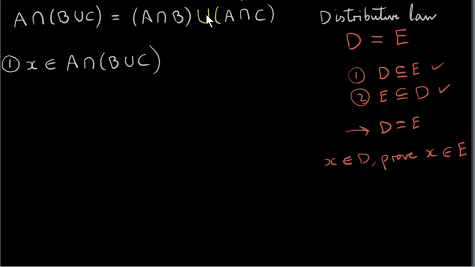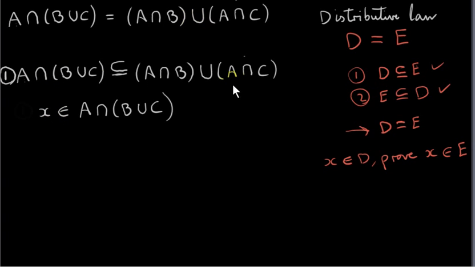So let's go back to our problem. We're going to try and prove that this side here is a subset or equal to the right hand side. So this is step one in our proof. So we take any element X in this set, and we need to show that that element is also in the set on the right hand side.